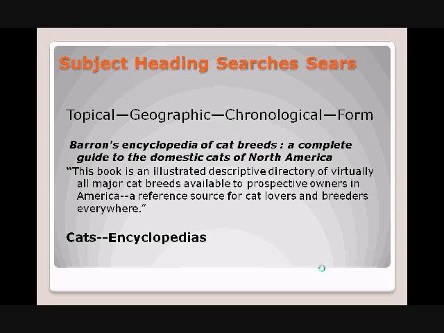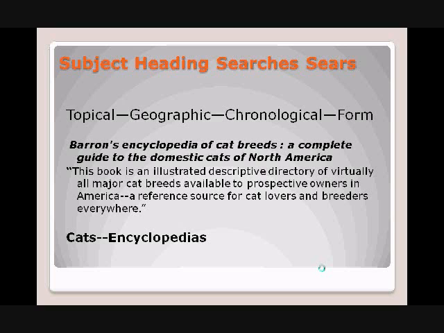So, for example, if we had a title called Barron's Encyclopedia of Cat Breeds, A Complete Guide to the Domestic Cats of North America, with a description, this book is an illustrated descriptive directory of virtually all major cat breeds available to prospective owners in America, a reference source for cat lovers and breeders everywhere. We would know that the order of our subject heading will be topical, geographic, chronological, and form.